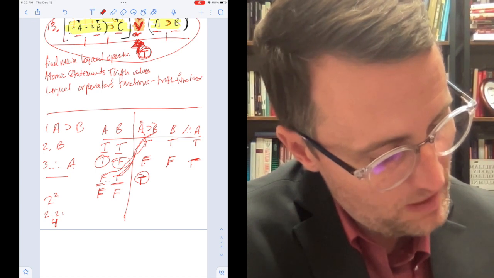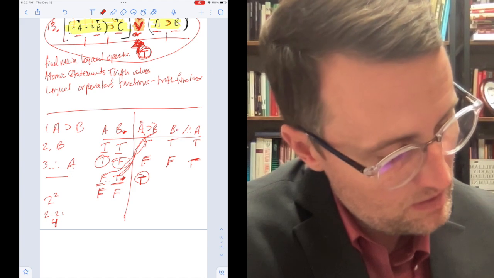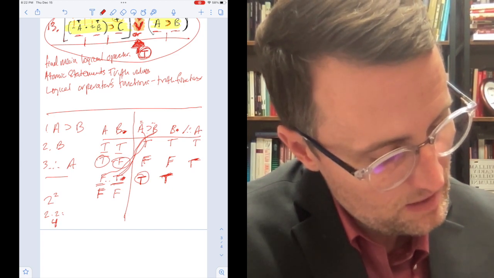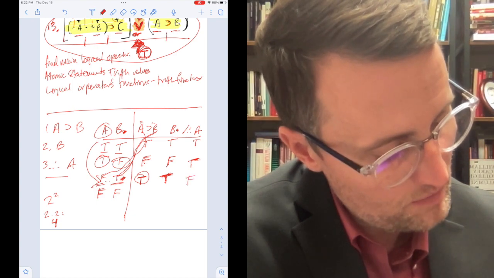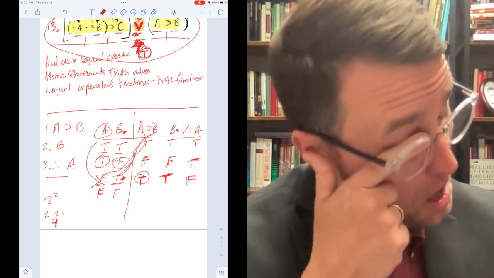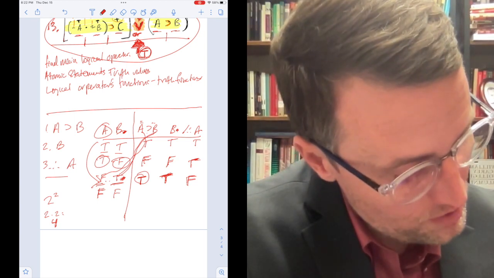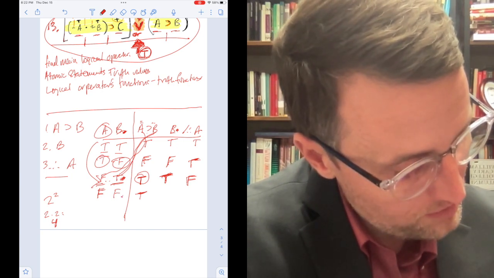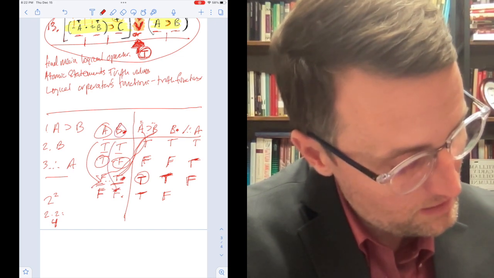Then we know B is true, so you put the true there, and then A right here is false, so we put false there. And then false, true. Then we know that this B is false because it's right here.